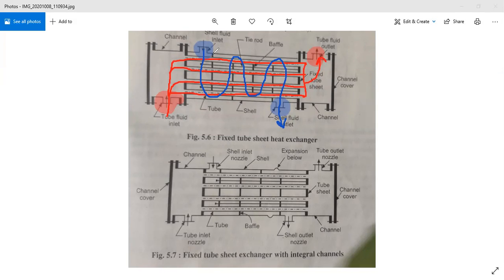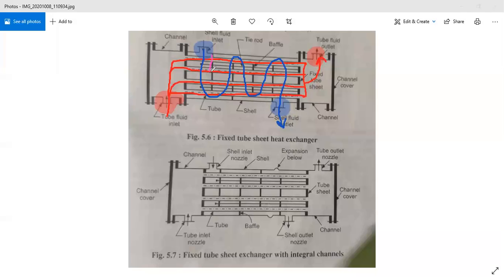You can observe this baffle arrangement in the two-dimensional diagram. It is shown like a solid rod or rectangular type, but in actual it is a circular type arrangement, because this shell and tube heat exchanger assembly is also a circular or cylindrical type arrangement. If you observe the side view of this two-dimensional diagram, then you can understand this is a circular cylinder, circular shell, circular baffles, circular channels, etc.